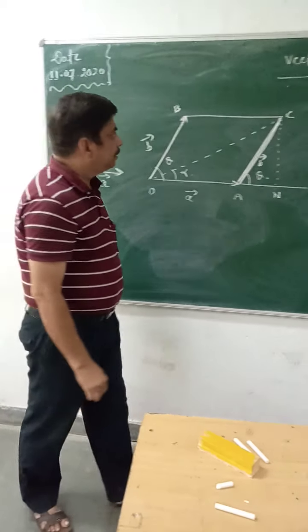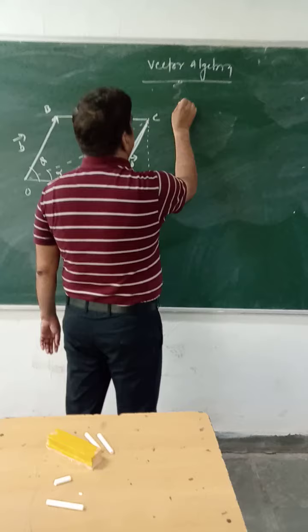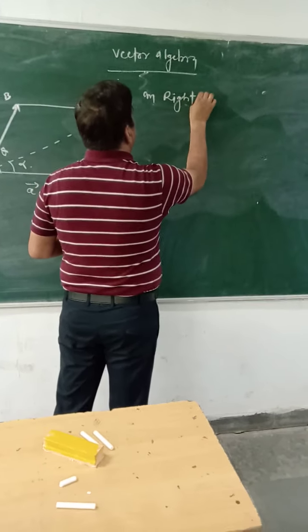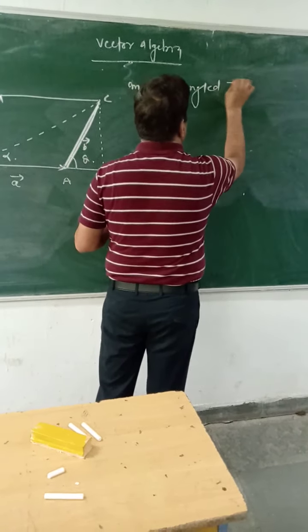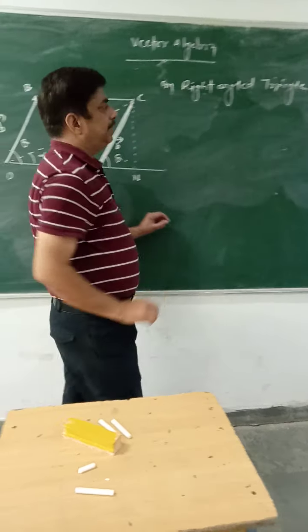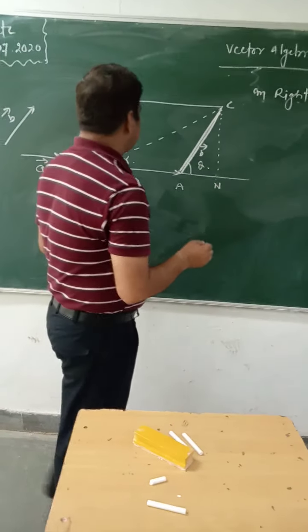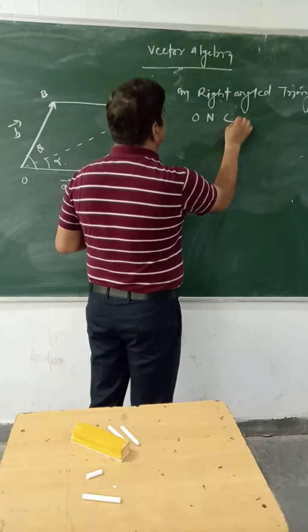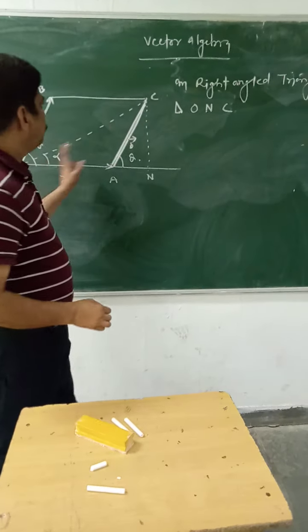So here you can see a right angle triangle. In that right angle triangle, which one? Here is O and C. Right angle triangle O and C.